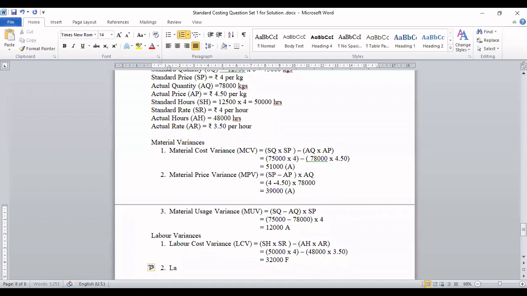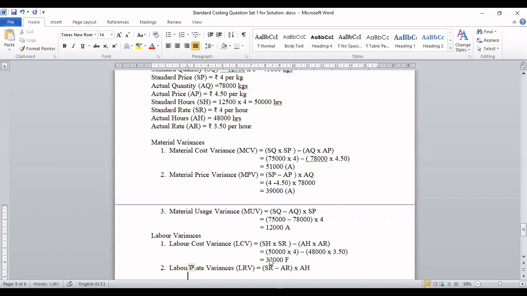Now the next one, labor rate variance, denoted by LRV. Tell me the formula: standard rate minus actual rate into actual hours.